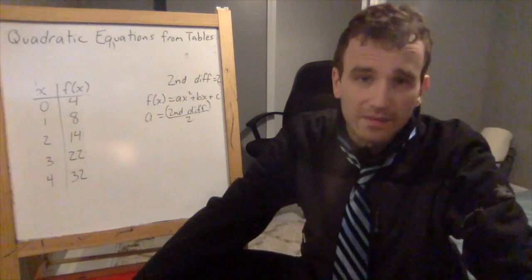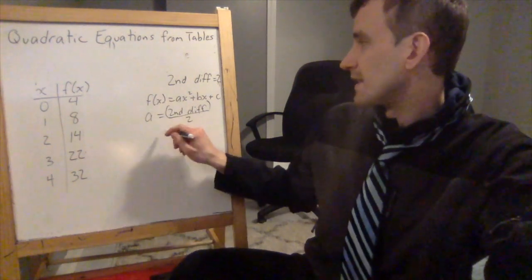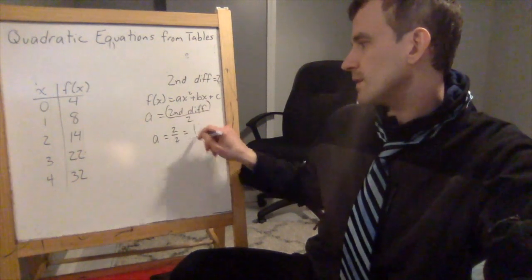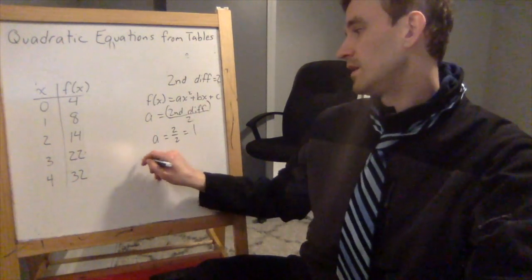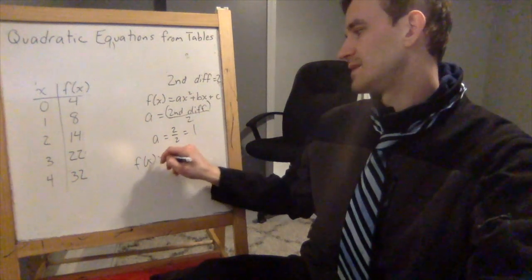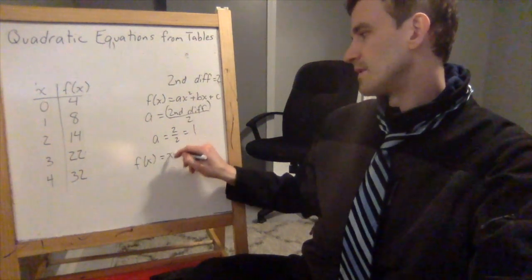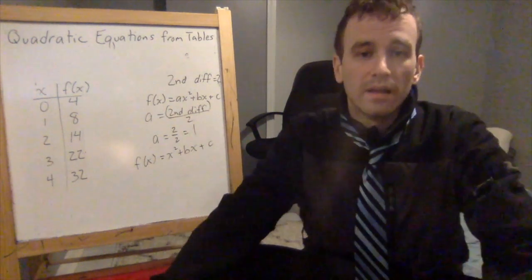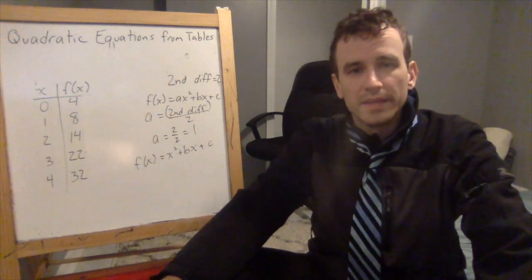If it is quadratic, then the value of a is always equal to the second difference divided by 2. In this case, that's 2 over 2, which is 1. So then we know that this function, f of x, is equal to 1 times x squared plus bx plus c. Then we're left with figuring out what b and c are.